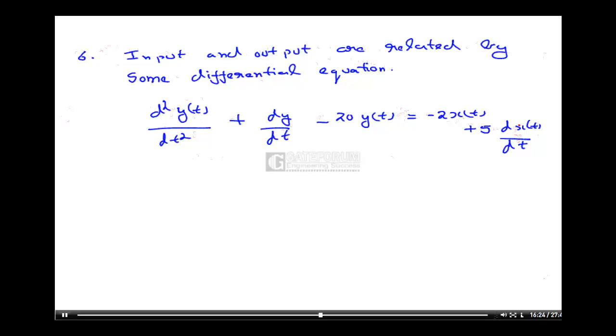For this, I have to find the impulse response.